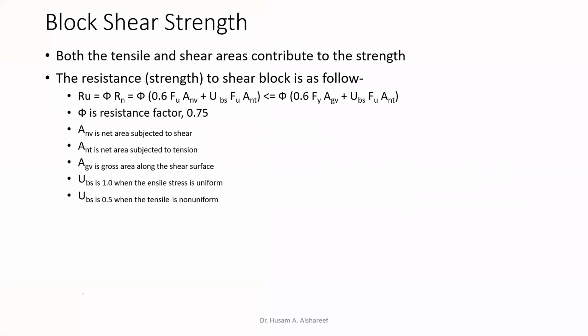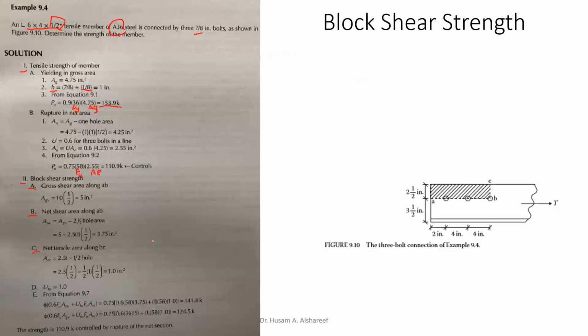For the shear lag, it's 1 here. How do we know? If I take you one slide back, UBS is 1 when the tensile stress is uniform. In our case here, it is uniform. We'll cover something non-uniform so you can compare. And then this takes us to the equation. The equation here is phi times 0.6 FU times ANV plus UBS times FU times ANT.